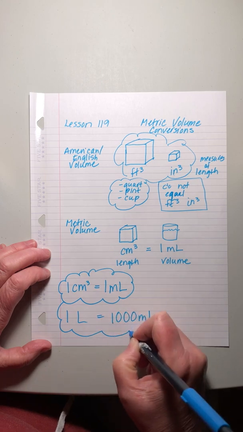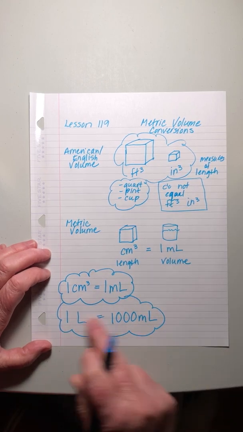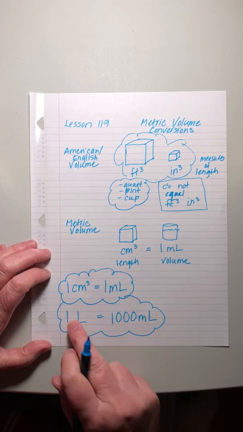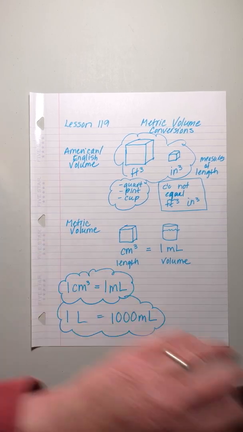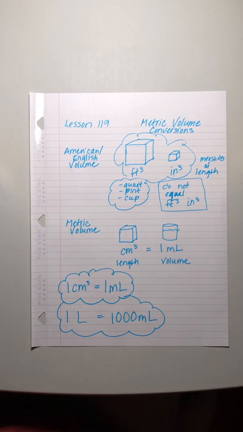That's going to help us too. Okay, this is volume to volume, but this tells us how many little ones are in a big one. All right, so we're going to keep this handy, and we're going to dive into the problems.